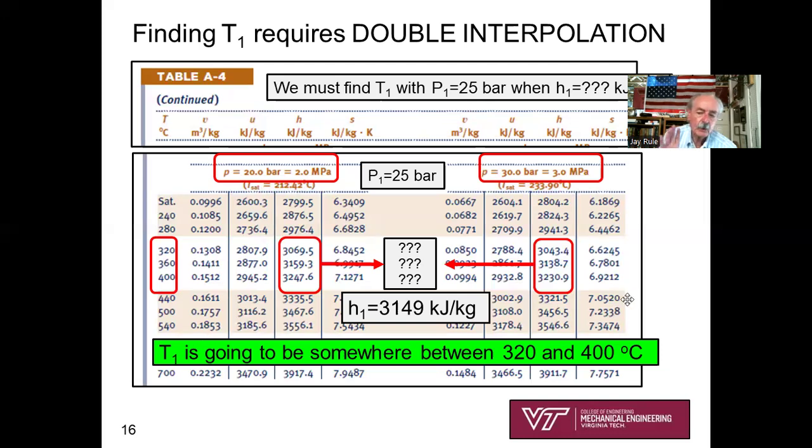If you're taking a quiz or a test, it would pay you to write down T1 is going to be somewhere between 320 and 400. At least you got that far. It might take you a significant amount of time to really hone in and interpolate to get T1. So at least you can write down T1's got to be somewhere between 320 and 400.